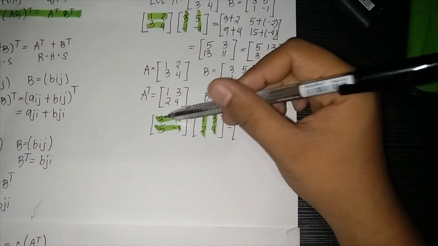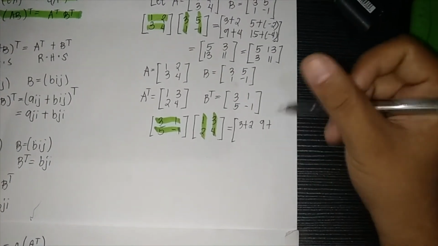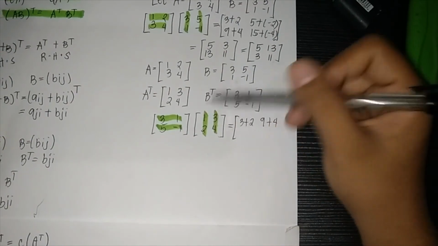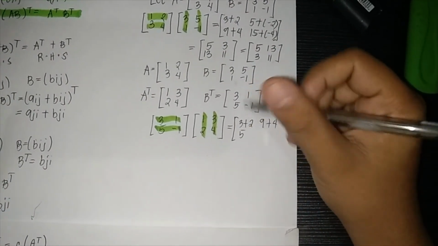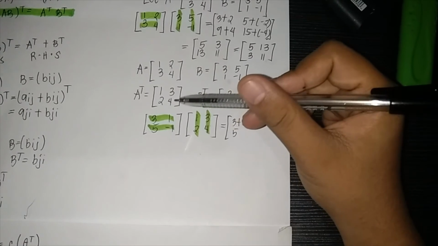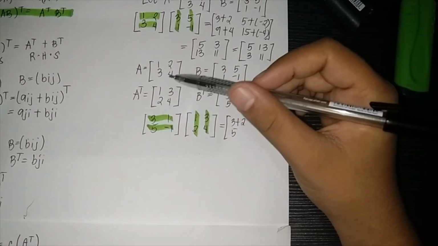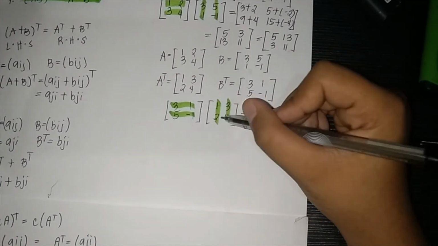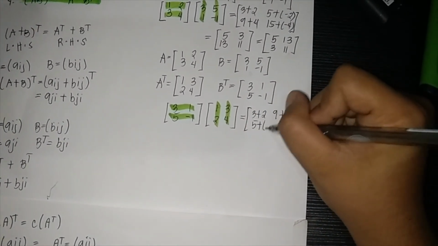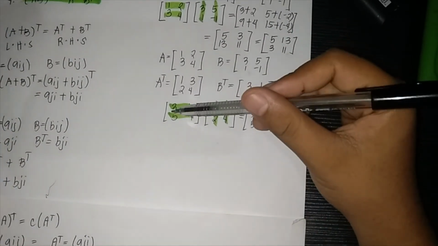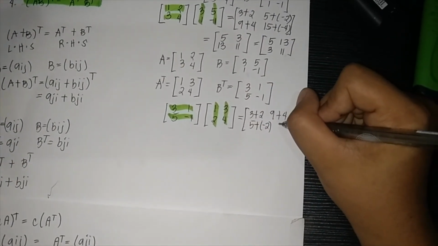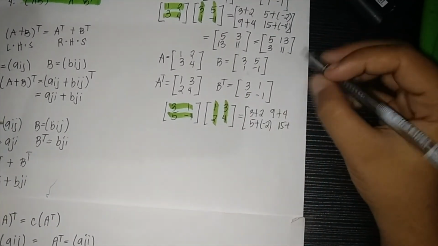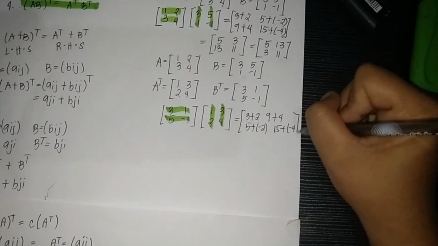Next is 3 times 3, we have 9 plus 1 times 4 is 4. 5 times 1 is 5, plus negative 1 times 2 is negative 2. 5 times 3 is 15 plus negative 1 times 4, which is negative 4.